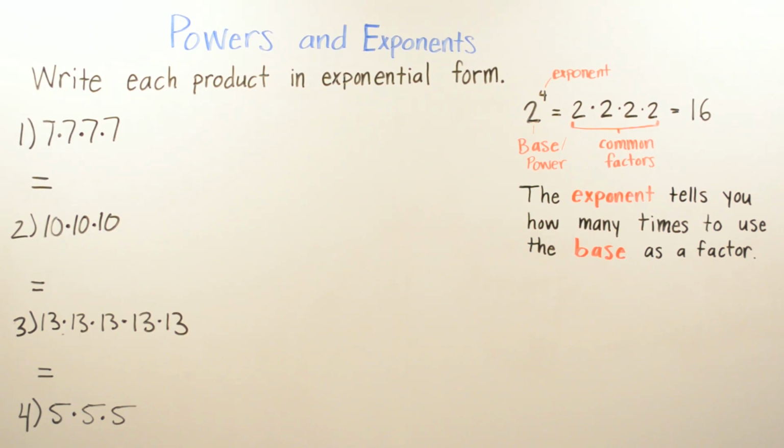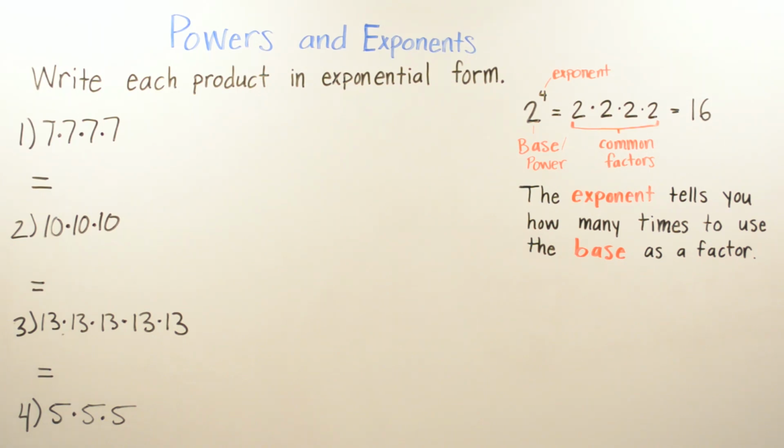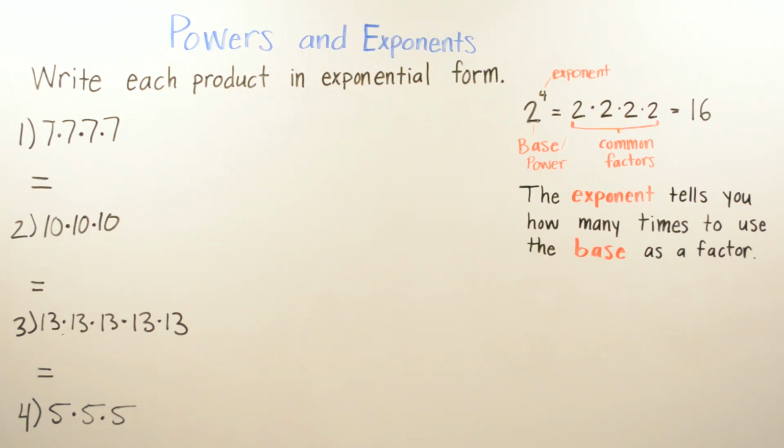On these examples, we're going to write each product in exponential form. So we have 7 times 7 times 7 times 7. So in this problem, we're going to use 7, and that's going to be our base, or power, which is 7. And then for our exponent, we're going to count how many times 7 repeats itself.